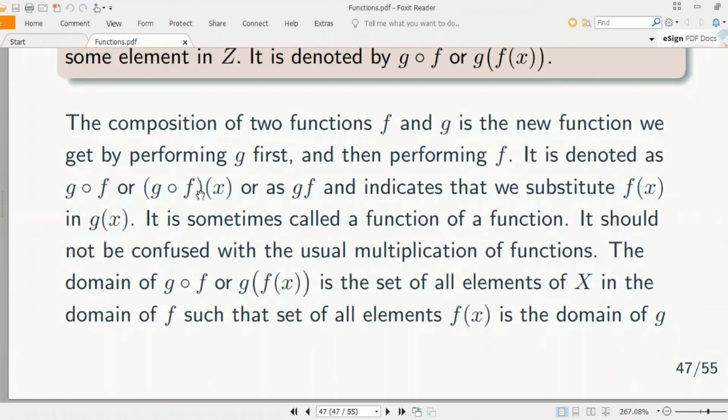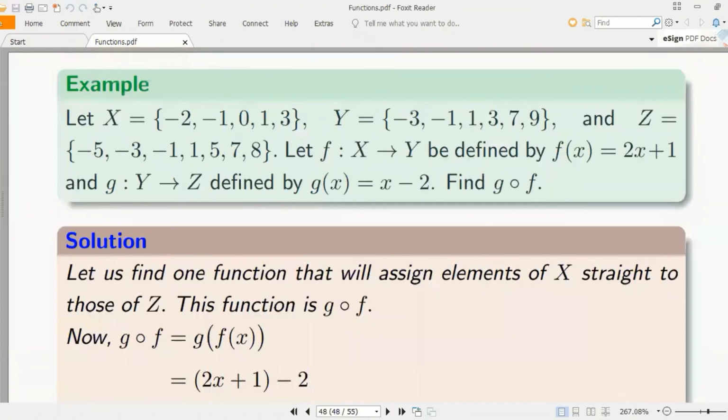Now, let's look at an example. Let x be this set, y be this set, and z be this set. Let f assign elements of x to y, defined by this, and g assign elements of y to z, defined by this.